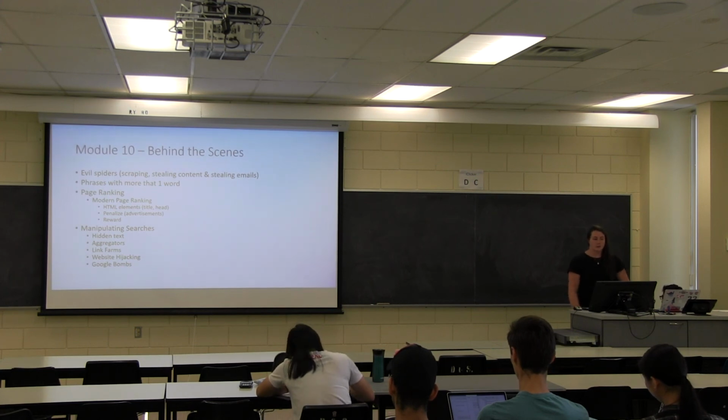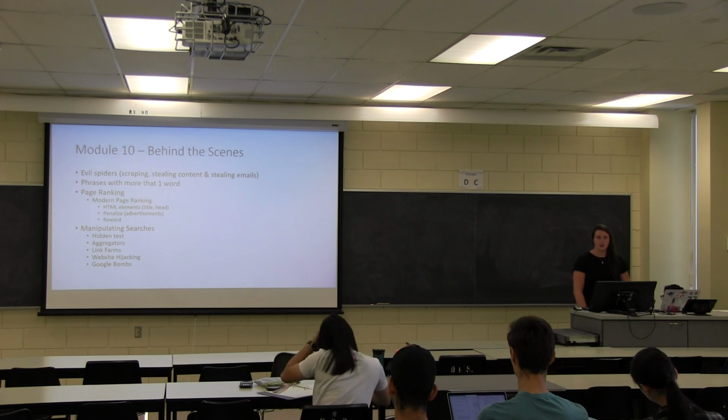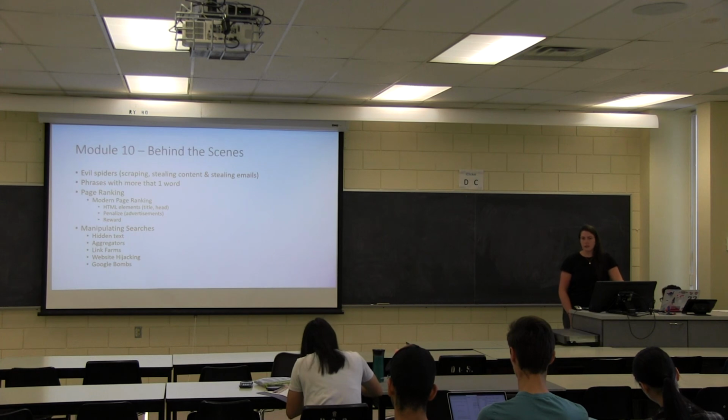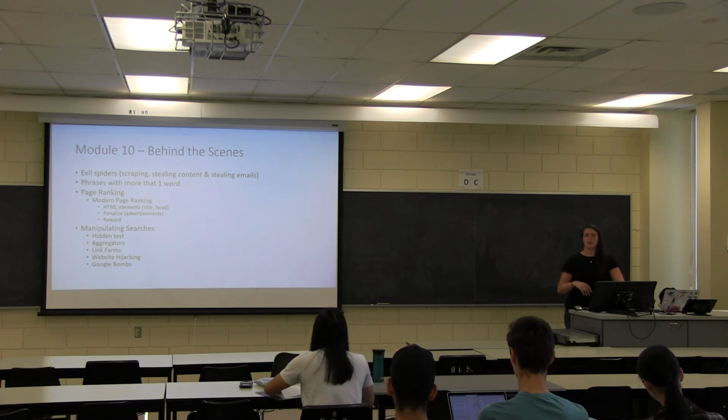We also have phrases with more than one word. So in your Module 10 assignment, we have the example big blue whale. When you're searching for a phrase with more than one word, Google or the search engine you're using first searches for each of those words individually. So look for big individually, blue individually, and whale individually.